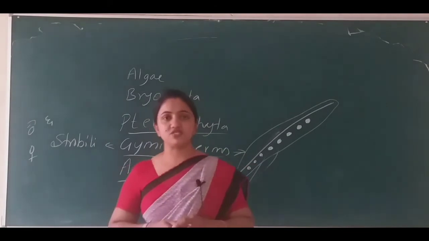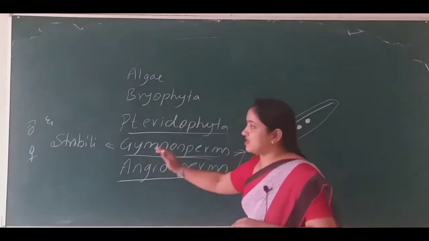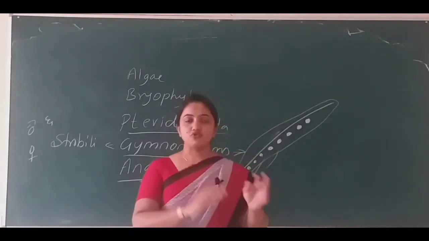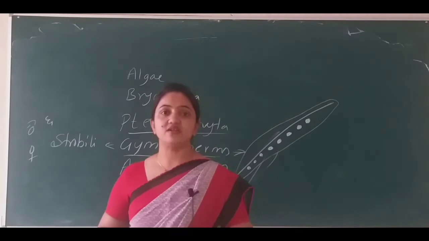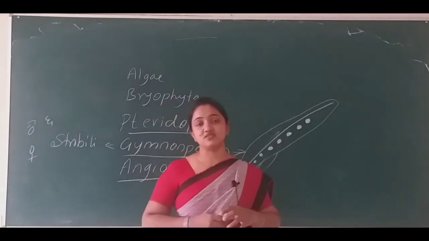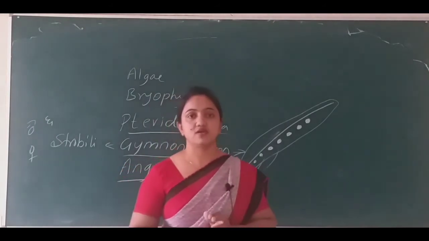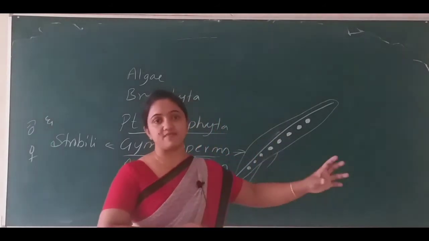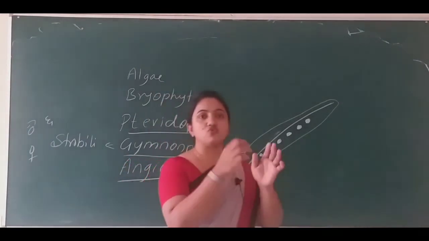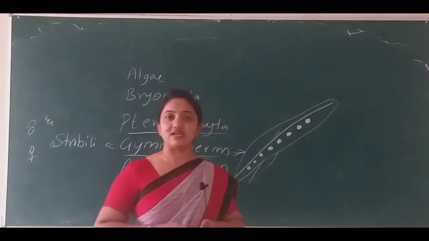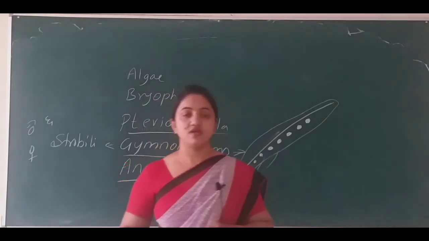Let me tell you, based on the presence of cotyledons, angiospermic plants are classified into monocotyledons and dicotyledons. Monocotyledons, for example, are banana and coconut. These few I have mentioned here. These plants have only one cotyledon inside the ovule, that's why they come under monocotyledons.